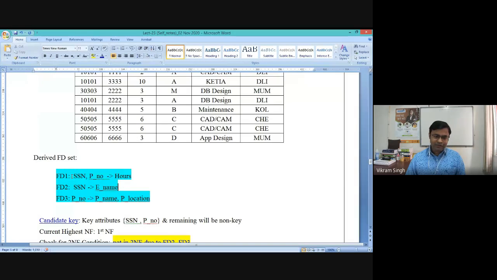In the first FD, SSN and P number derive hours. Hours is a non-key, and SSN and P number is a key. So it is following the condition of second normal form, because your key attributes SSN and P number are deriving a non-key. It is okay. It is not having any issue.